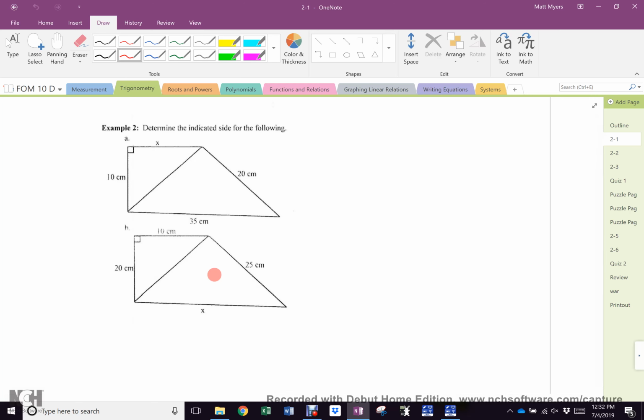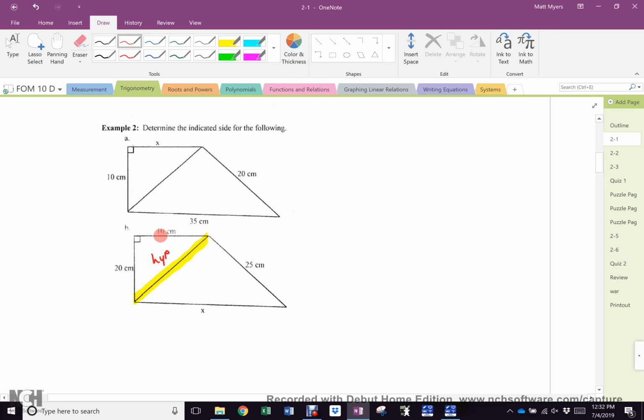How? Right now, using Pythagoras, could you do B? Will Pythagoras work there? Why? Because it's a 90. Okay, so you could find this hypotenuse, and I'm going to call it the hypotenuse.